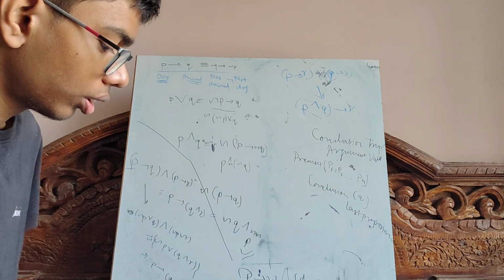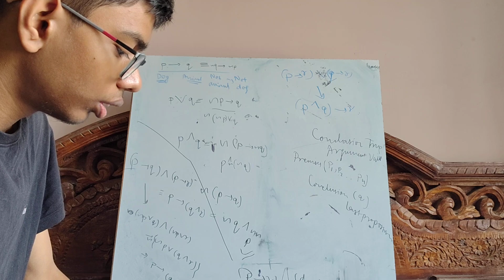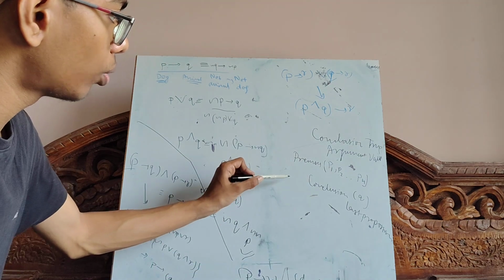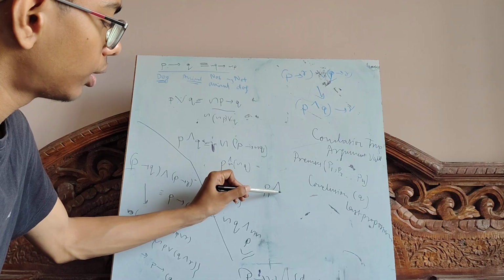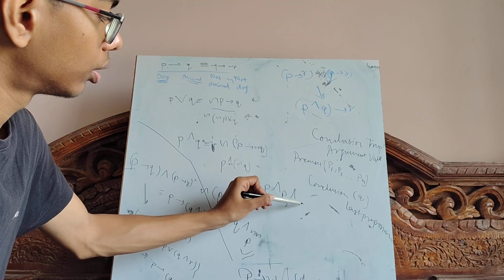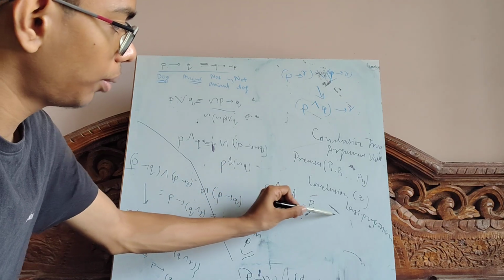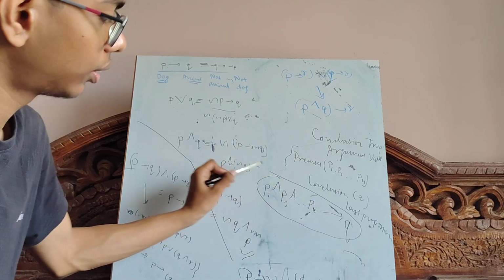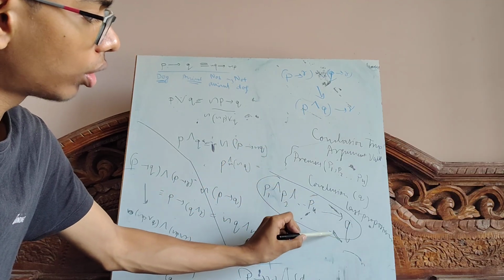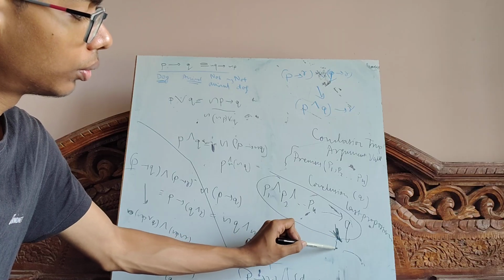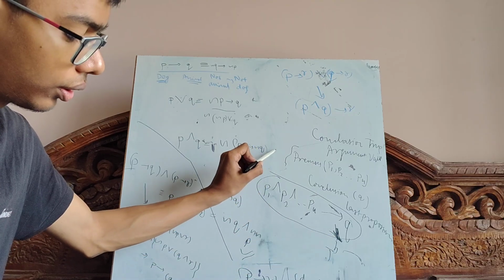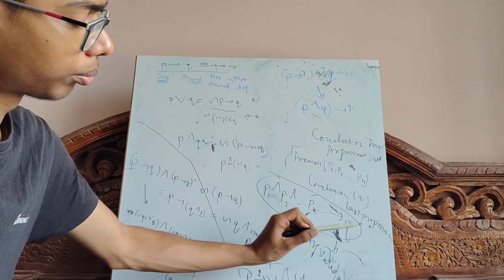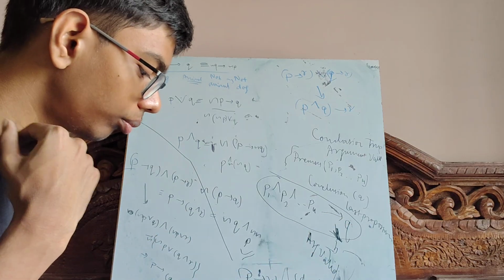If all true, then my argument will be valid. So this can also be represented as P1 and P2 and Pn implies Q. This whole thing written in a single line. And if all rows will be true, then my argument is valid.